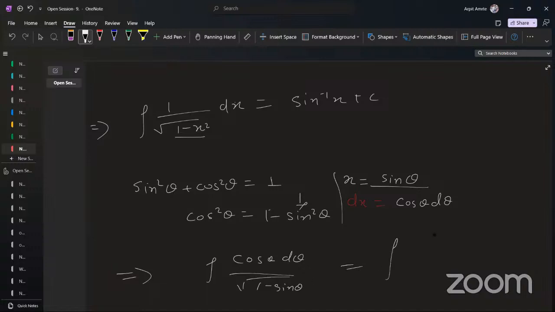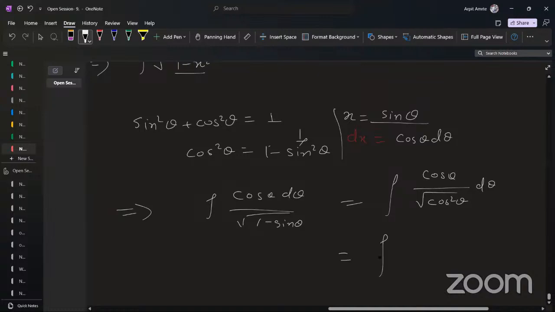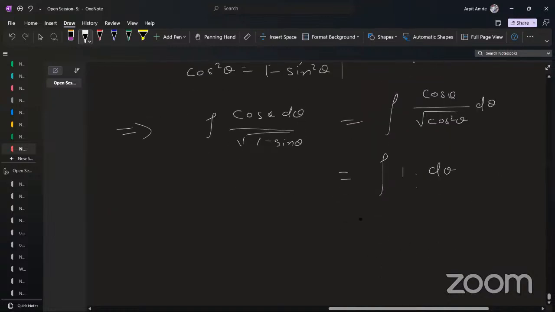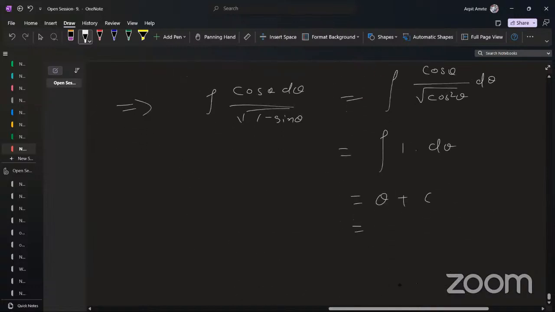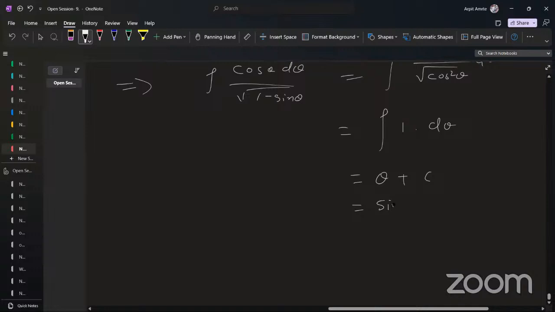So this becomes cos theta divided by root over cos square theta d theta. It will become 1 into d theta, which is theta plus c. And what is the value of theta from here? It will be sine inverse x plus c. These are the formulas that we have given.